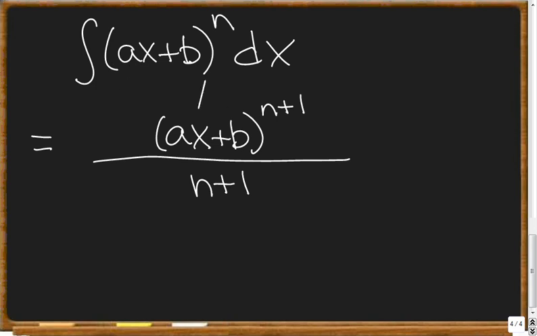So in this case, because when we go forward we multiply by n plus 1, that's what we're dividing here. When we go forward from ax plus b, we multiply by a. So we have to also divide by a. This is kind of the beginning of what we will notice as the reverse chain rule, and that you have to undo everything that had been done before to find your derivative.